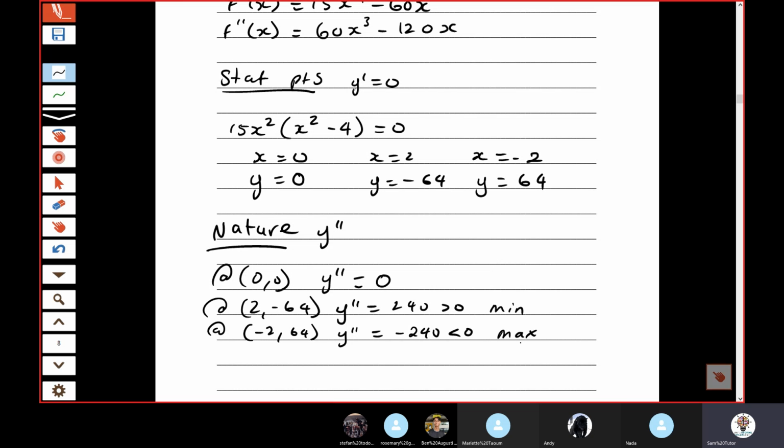When you're doing this method, at this stage, if you get y double dash equals to 0, the only conclusion you can make is possible point of inflection. That's all you can conclude. Y double dash. Yeah? Just y double dash method. I'm subbing into the y double dash.